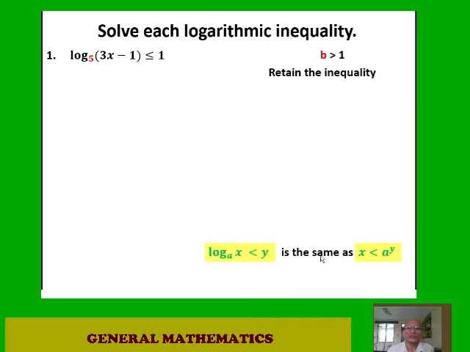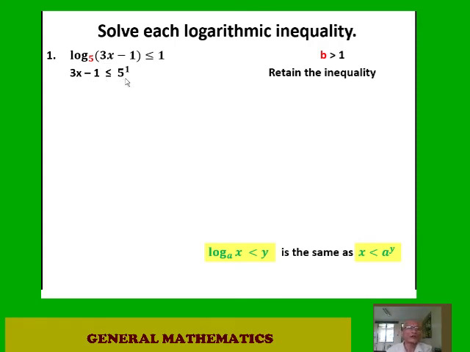These are the properties that we are going to use. So 3x minus 1 is less than or equal to 5 raised to the exponent 1. From logarithmic form to exponential form.